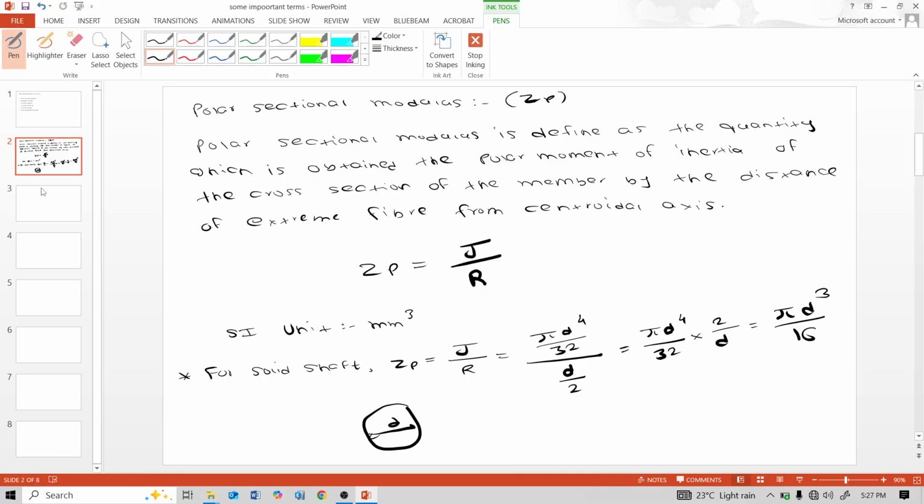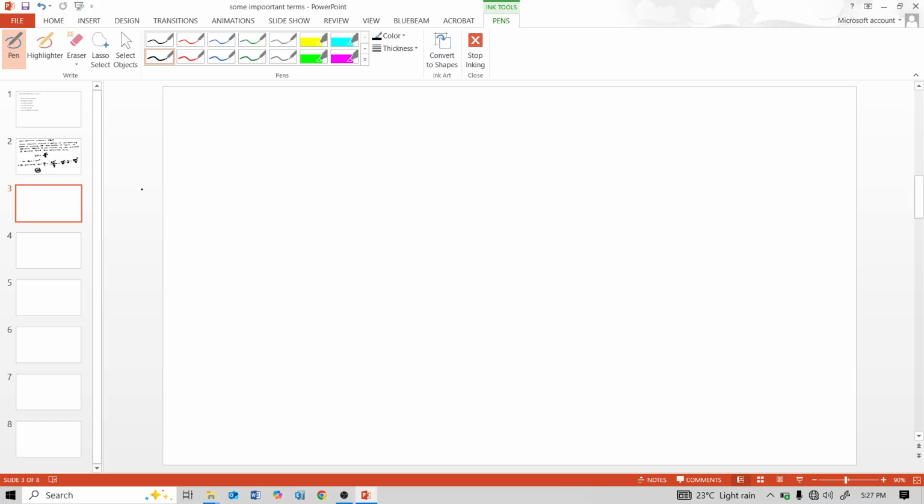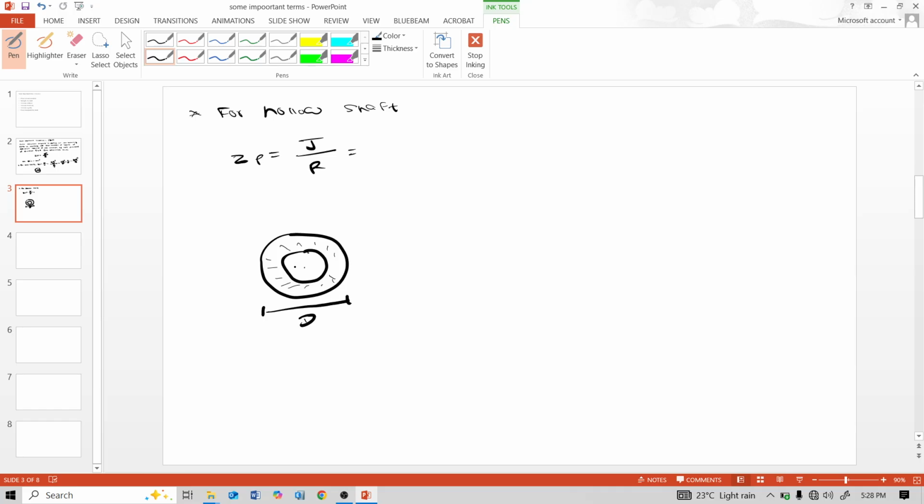Similarly, for hollow shaft, polar sectional modulus Zp is equal to J upon R. And polar moment of inertia for hollow shaft: this inner portion is hollow, with outer diameter as capital D and inner diameter as small d.